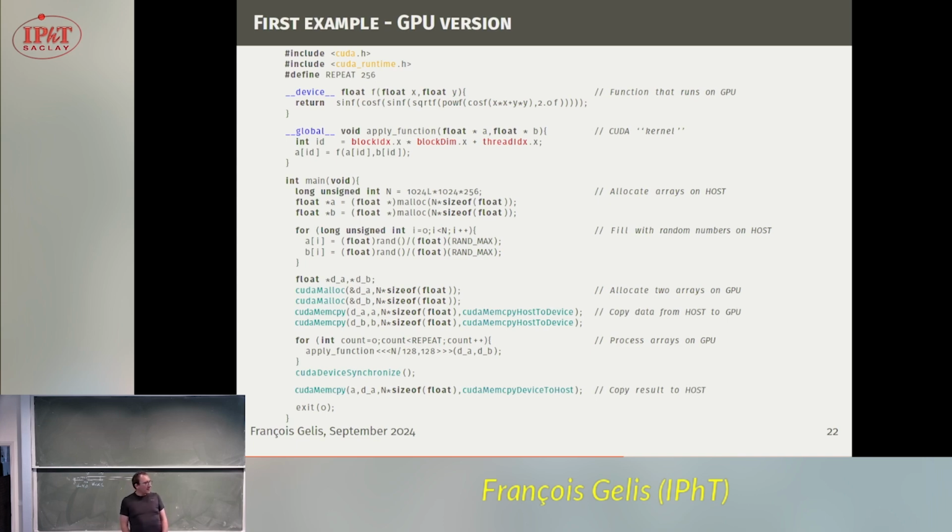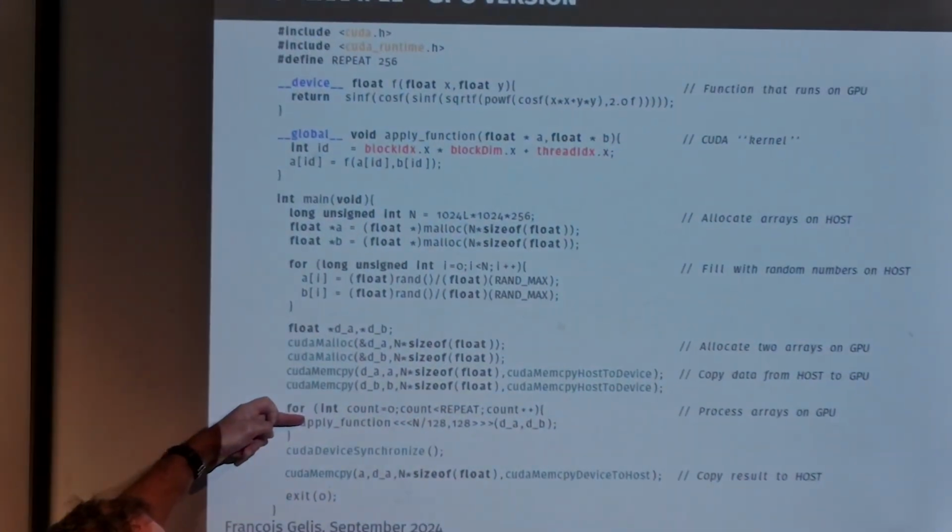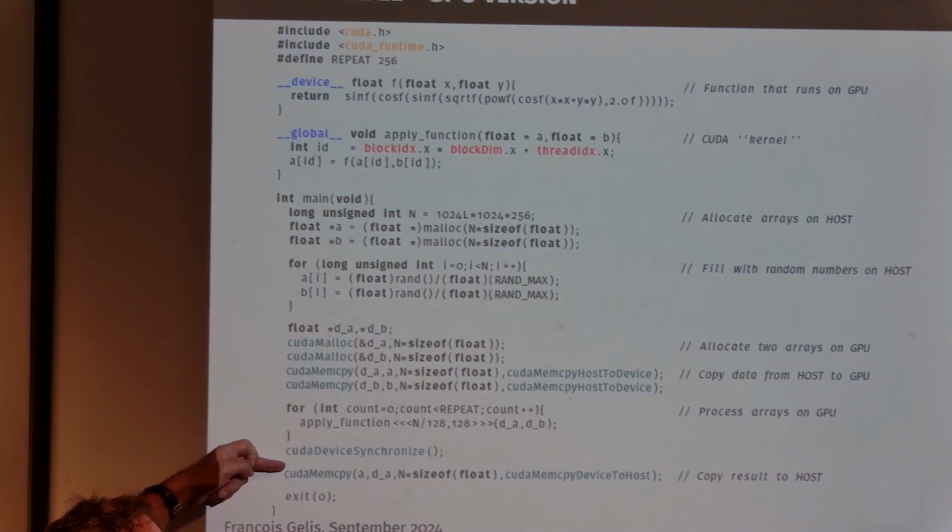Sorry, could you restate again what happens if you do not use a CUDA device synchronize? Here probably nothing, because these calls return immediately, but the CUDA memcpy, which is at the end, will have to wait until they have all finished, because you should think of this as a kind of queue where this is time.